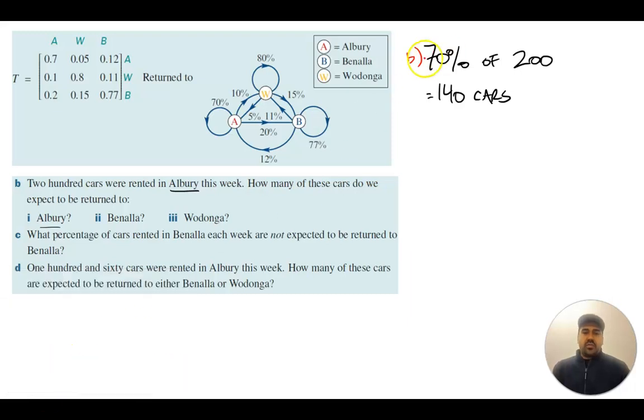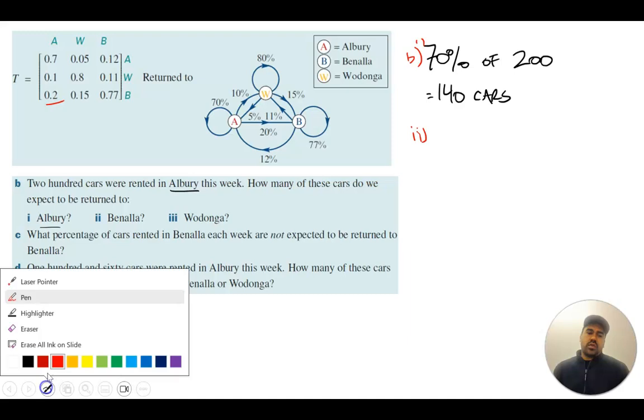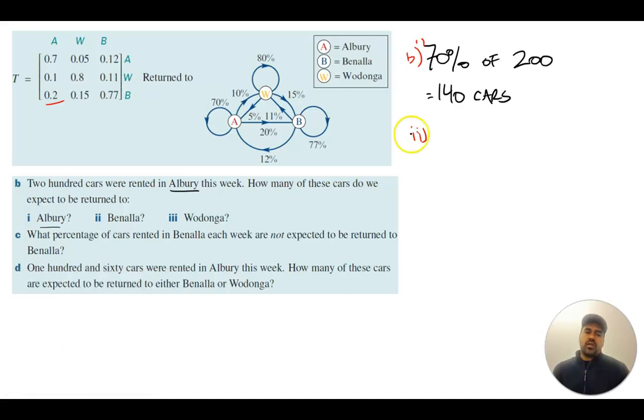For the second one, Benalla, this will be 10% rather. Albury to Benalla. Sorry, 20%. Wodonga is 10%, 20%. So we're going to be looking for 20% of 200 cars.